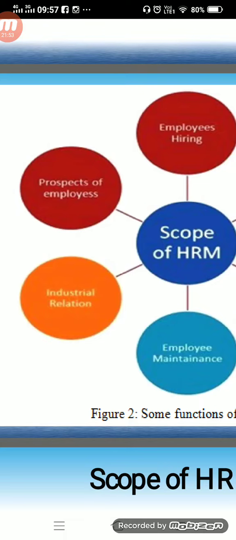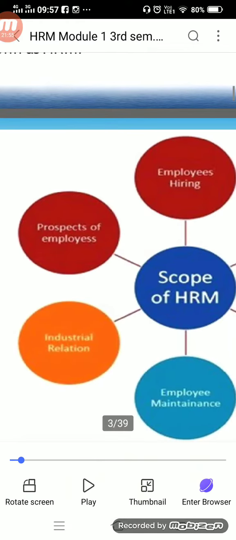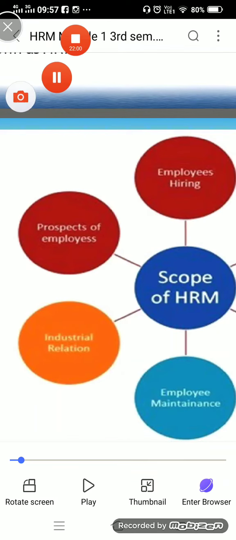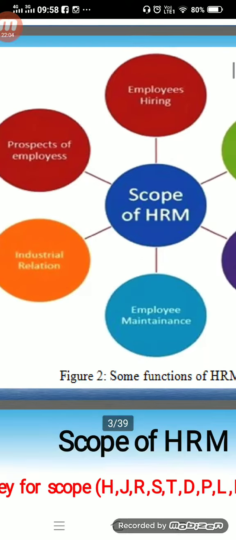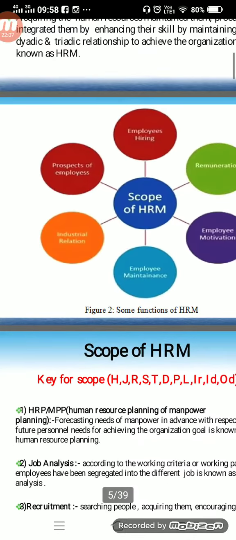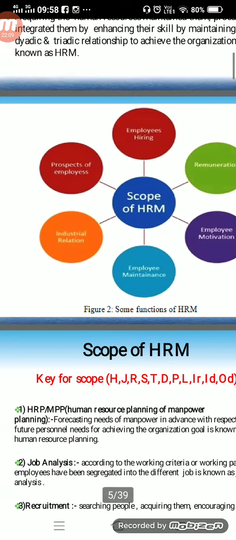Prospects of employees, or every employee related work, is done by HRM. Okay, now the scope of HRM. Here I have discussed many points available in your reference book and in your Jamnadas book. In this PPT I have covered both, the maximum points.